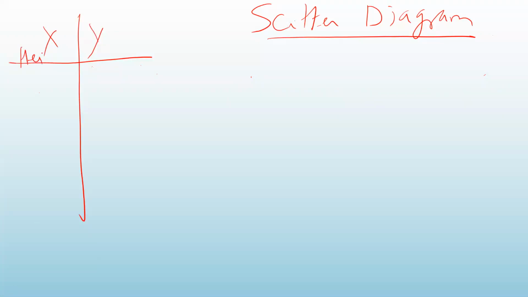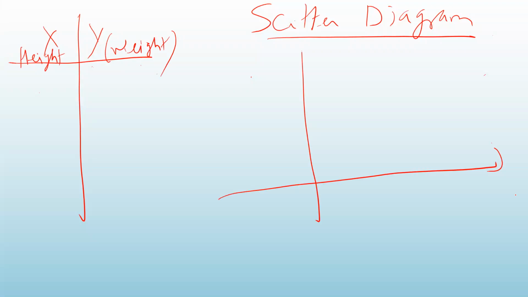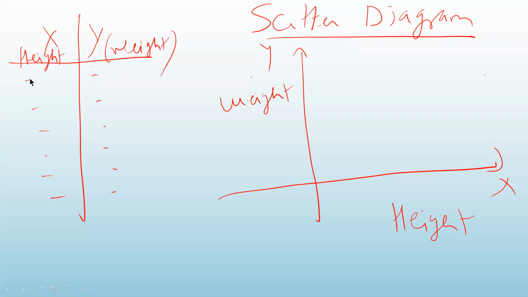Suppose you have the data of height and weight of some students. So what we will do here, on the x-axis, we will plot height, and on the y-axis, we will take the weight. And you will be given some values here. So with respect to these two variables, you will be having a point x, y, correct?